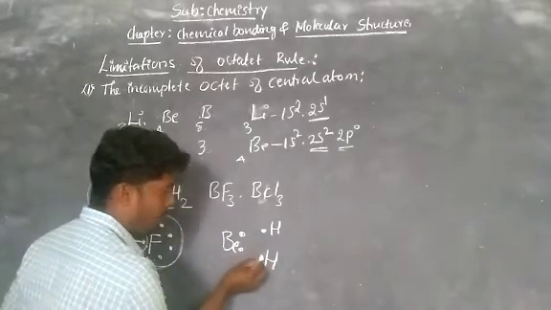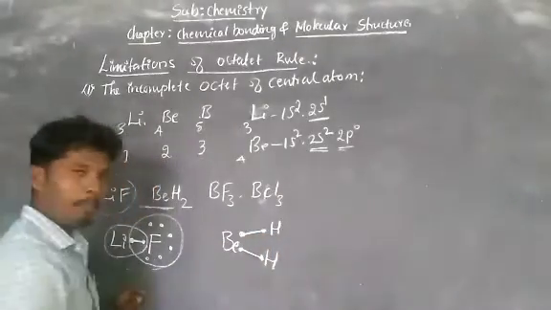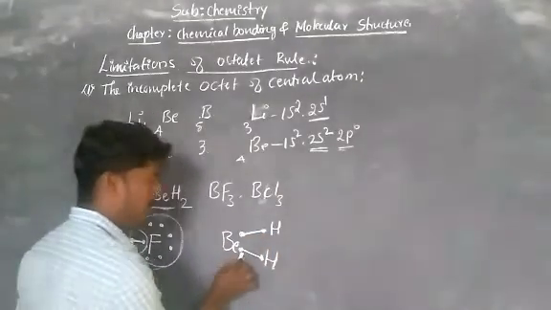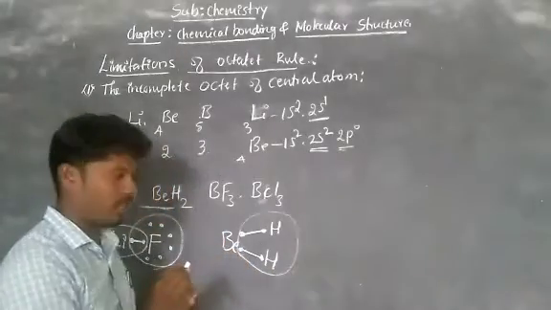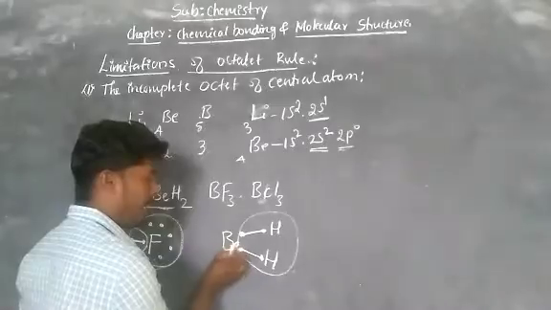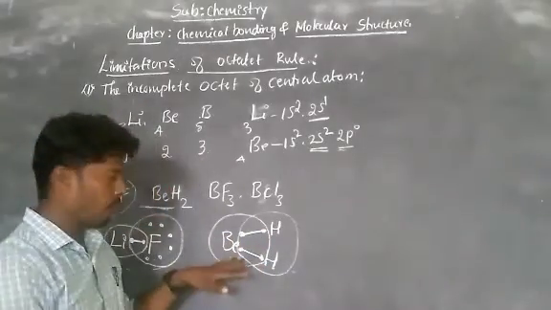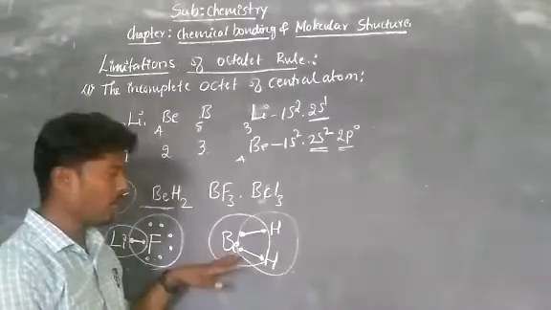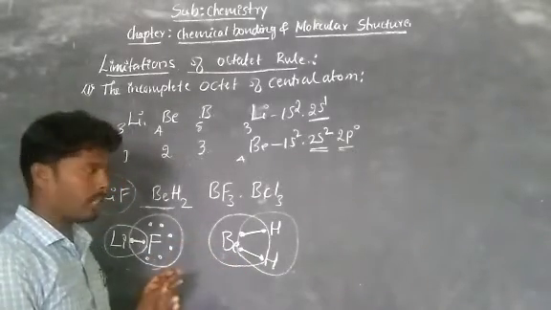Hence, it makes a bond with beryllium, and similarly this other hydrogen also makes a bond. Now these hydrogens have the stable helium noble gas configuration. But this beryllium has only 4 electrons, and it still needs 4 electrons to obey the octet rule. Here around beryllium the electrons are deficient.